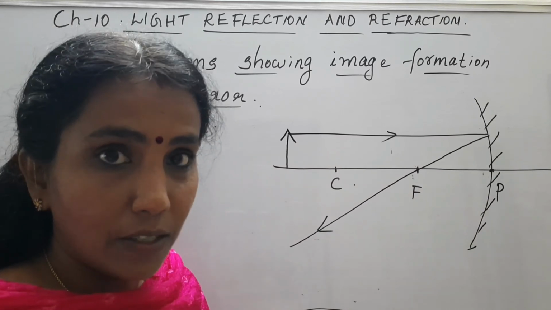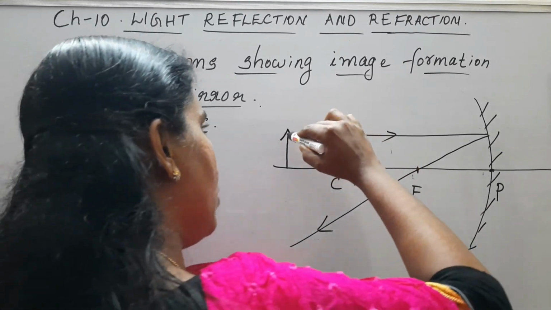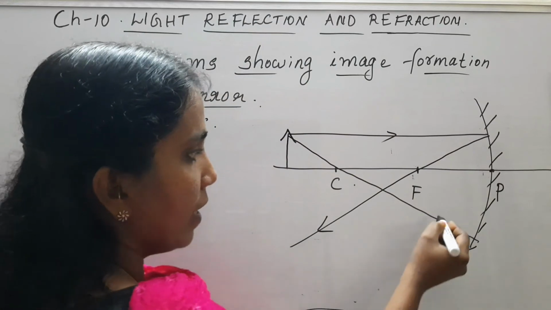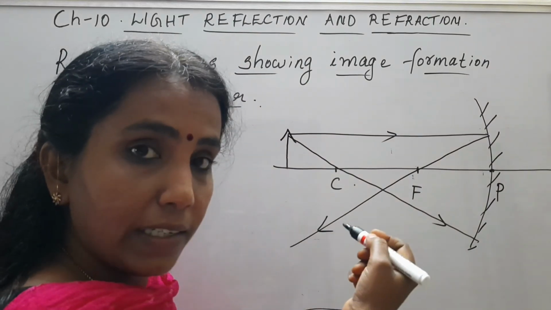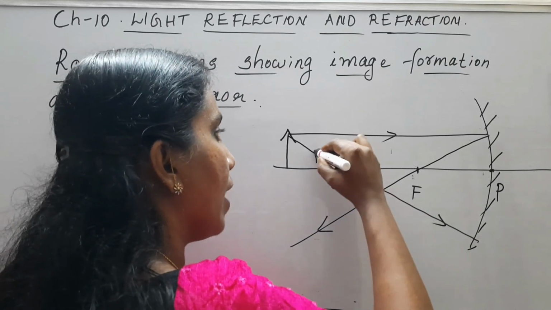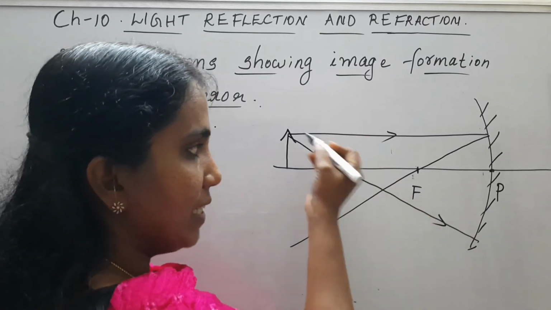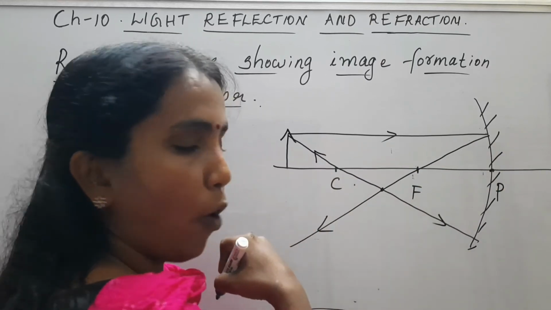A ray which passes through the center of curvature retraces the path. This is the direction of incident ray. The reflected ray retraces the path, so you can put the arrow mark in the opposite direction. So the two reflected rays, they intersect at this point.